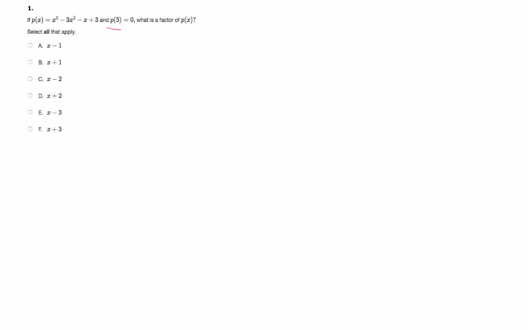So first of all, this right here, p of 3 equals 0. That means if you input 3 for x, right? That means if x equals 3, then the output p of x equals 0, right?